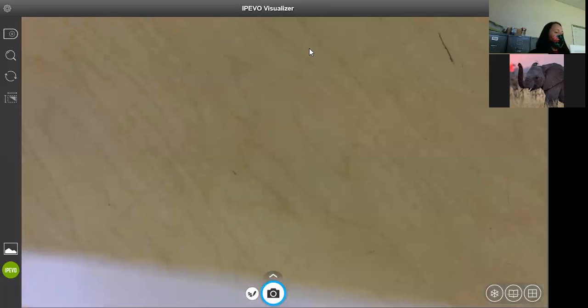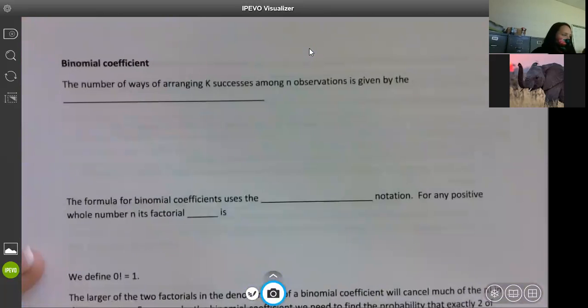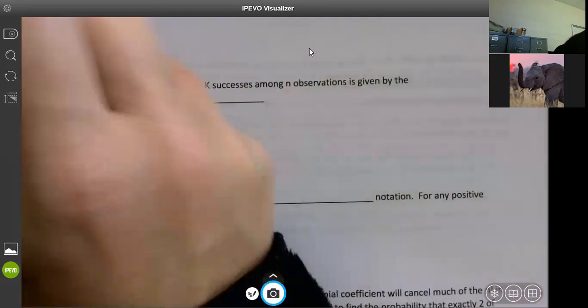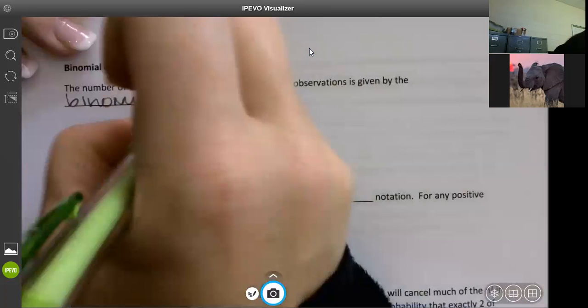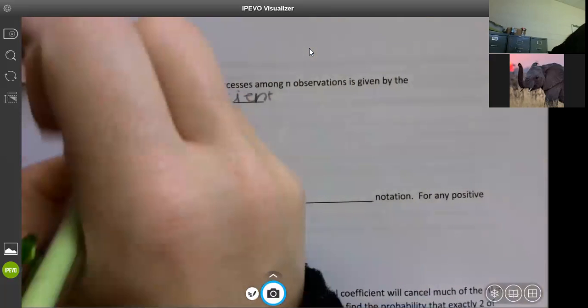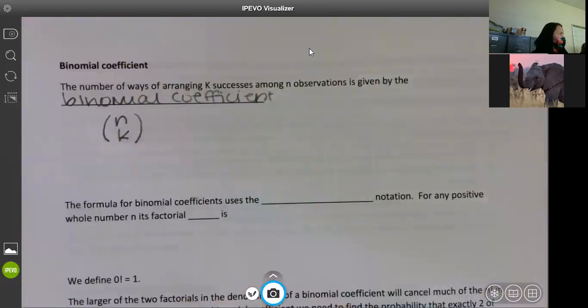All right, so to get the binomial coefficient, the number of ways of arranging k successes among n observations is given by the binomial coefficient, which looks like this, and it's actually called n choose k.